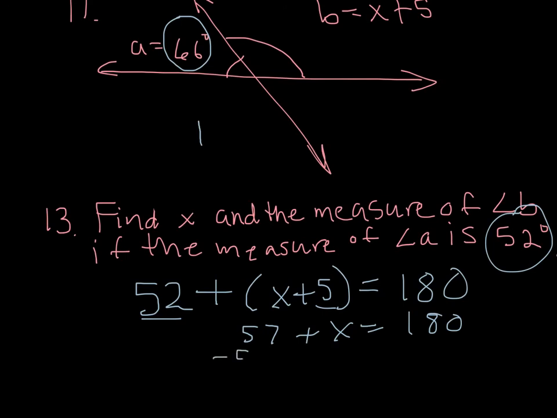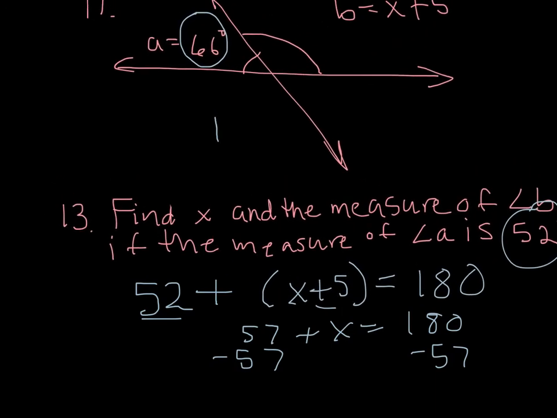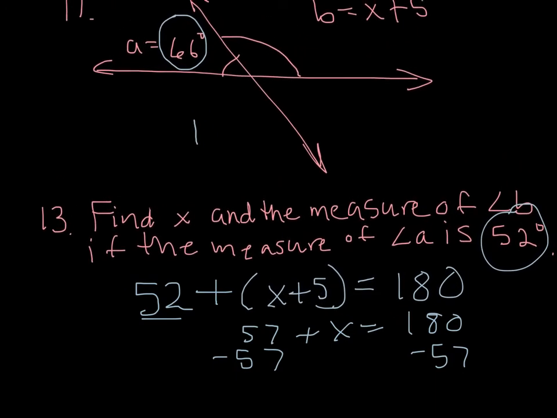Then we need to subtract 57 from both sides. 180 minus 57 equals 123. So for number 13, x equals 123.